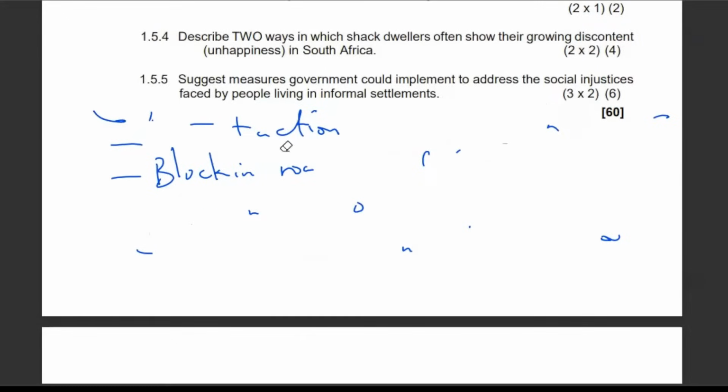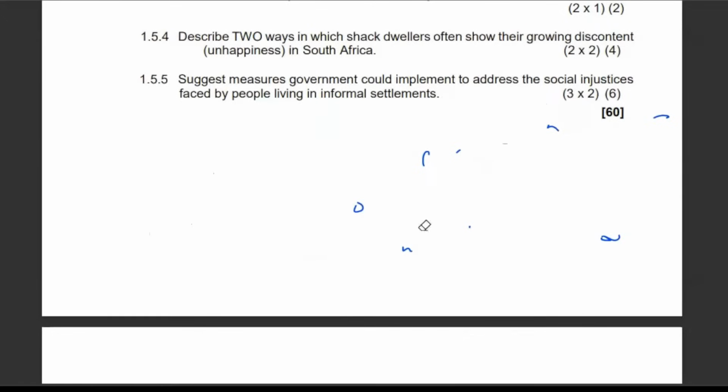We have seen that there are so many problems in the informal settlements. The people are exposed to a number of injustices, but now it is the duty of the government to find a solution to those injustices.